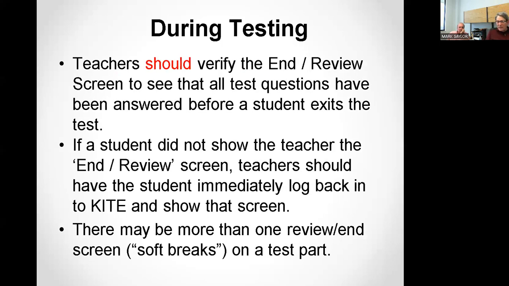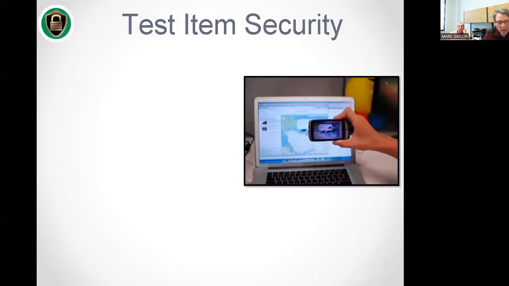There's a review end screen at the end of each session. We recommend that students raise their hand, and the teacher goes over and verifies that all their questions have been answered. And there may be one or more review screens during the soft breaks. All right.